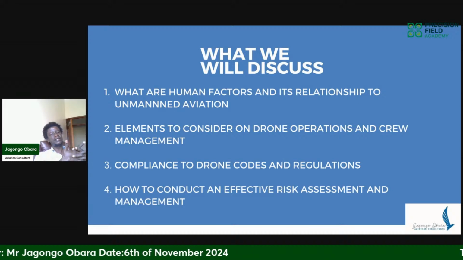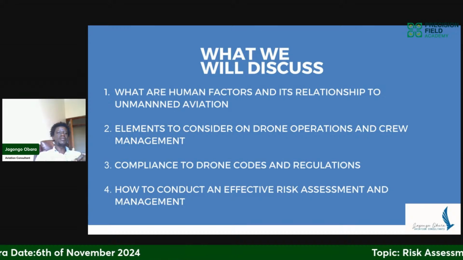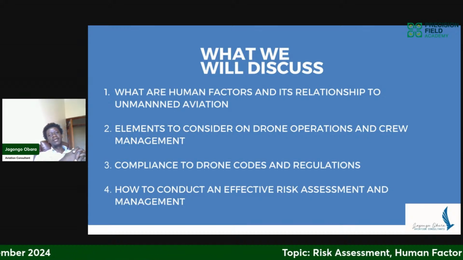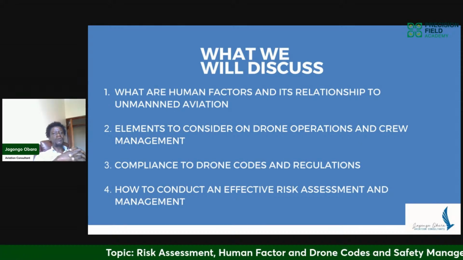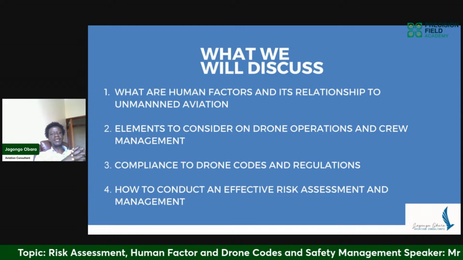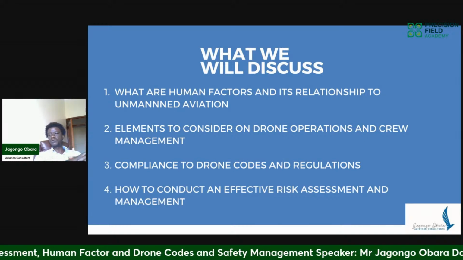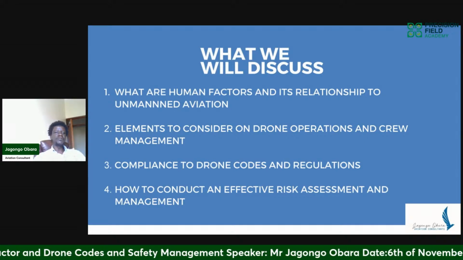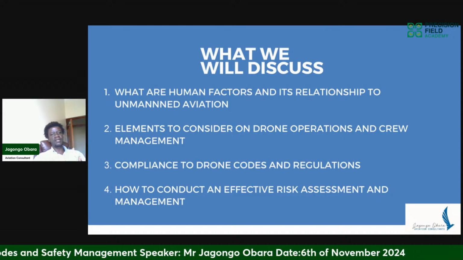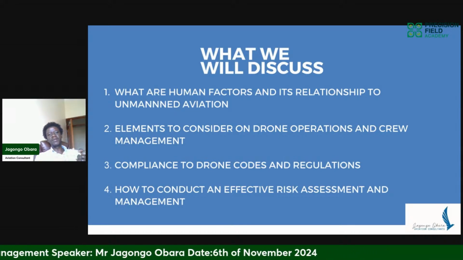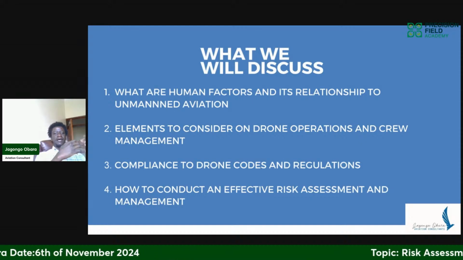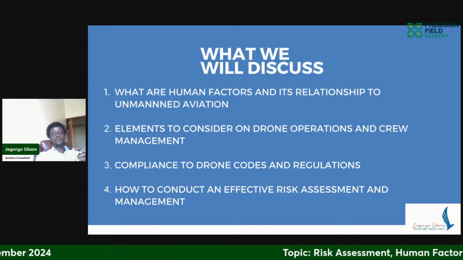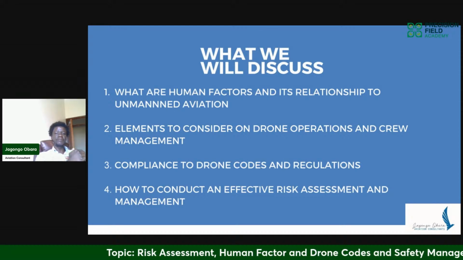You need another person on the ground as well to be applying for permits and handling all this logistics to make it happen. So we usually work as a team, and crew management is very critical to drone operations, so that people know exactly what their roles are, and so that there is no conflict of interest as the operations are going on.